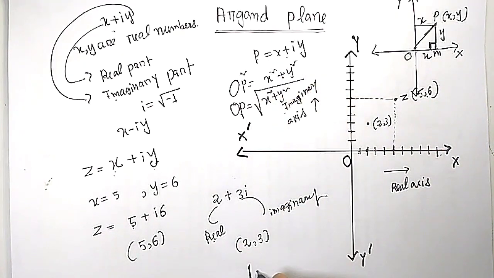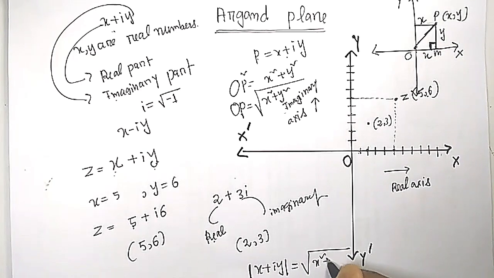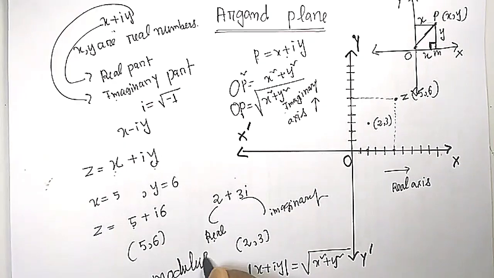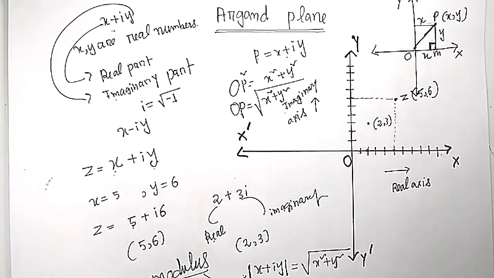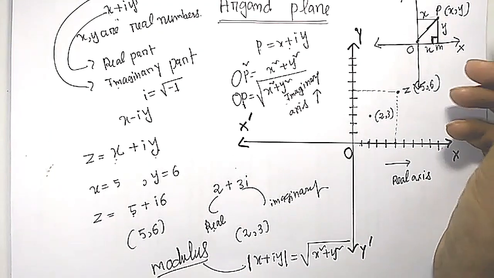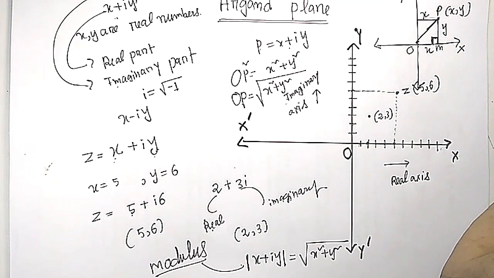So modulus of x plus iy equals root over x square plus y square. So modulus of any complex number is nothing but the distance of the point P from the origin.